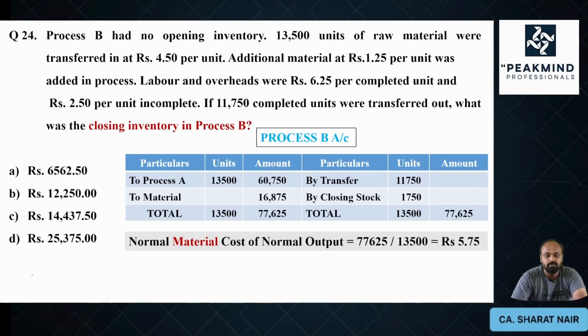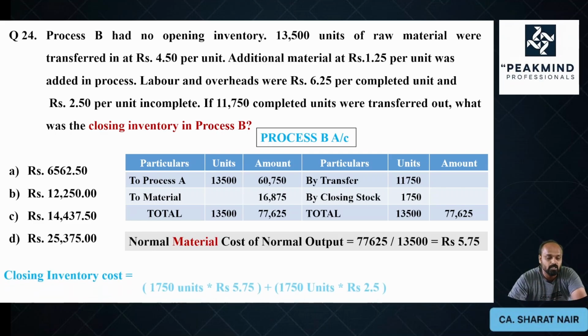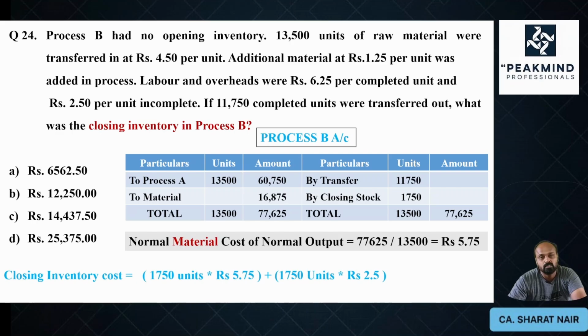So what does it mean? For each and every unit, let it be finished goods or work in progress or whatever be the case, my material cost share is 5.75. If that is true, my closing inventory cost will be 1,750 units into the share of material cost inside it, which is 5.75. How did I get 5.75? It is already calculated here.